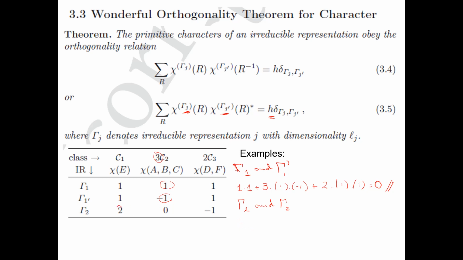If you take this, multiply by itself, 2 times 2, which is 4, plus 0, plus minus 1 times minus 1, which is 1, times 2, the number of elements here. So this is 6. Okay, so we are just verifying this wonderful orthogonality theorem for characters using this simple example.